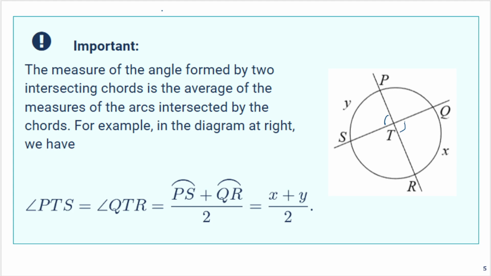Okay, note here, T is not necessarily the center of that circle, okay? T could be any point inside that circle. As long as it's the point of intersection of the two chords, you always have this relationship here.